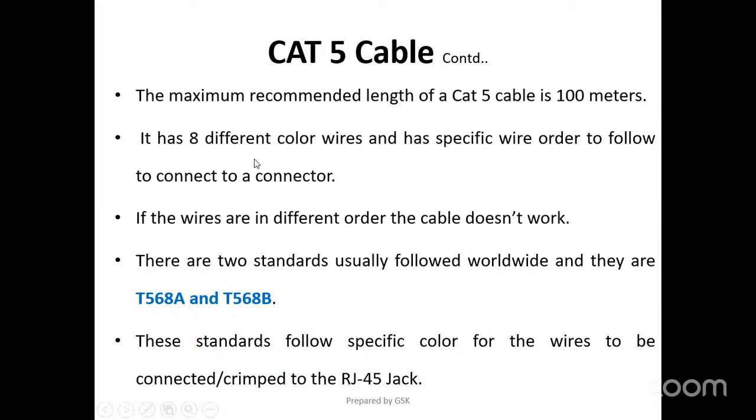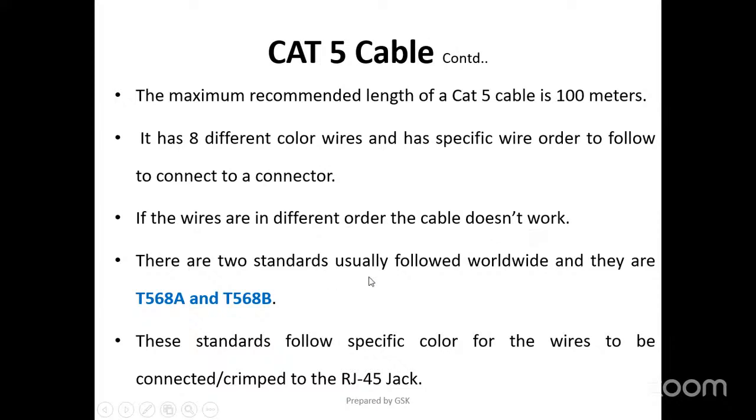It has a specific wire order to follow to connect to a connector. Every connector maintains some order. If you want to connect, you must follow that particular order. If the wires are not in the correct order, the cable doesn't work.